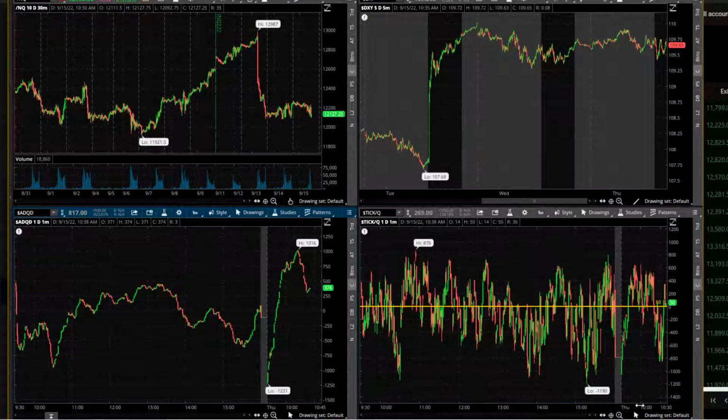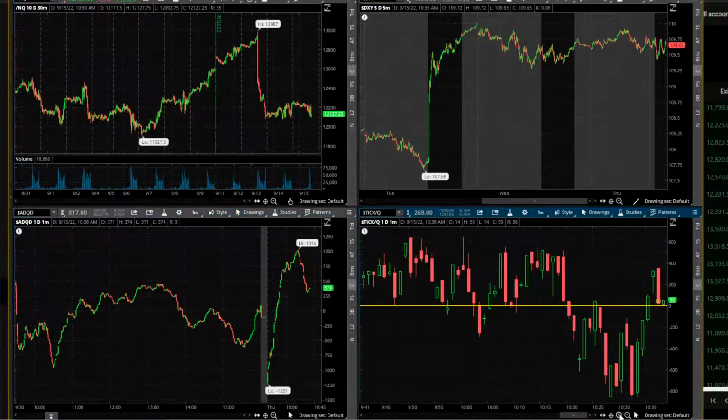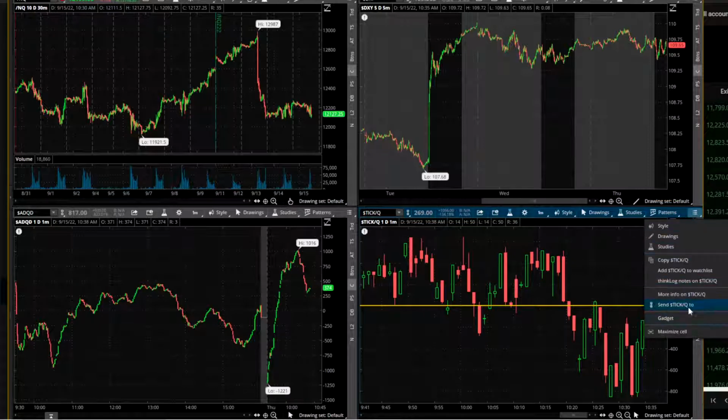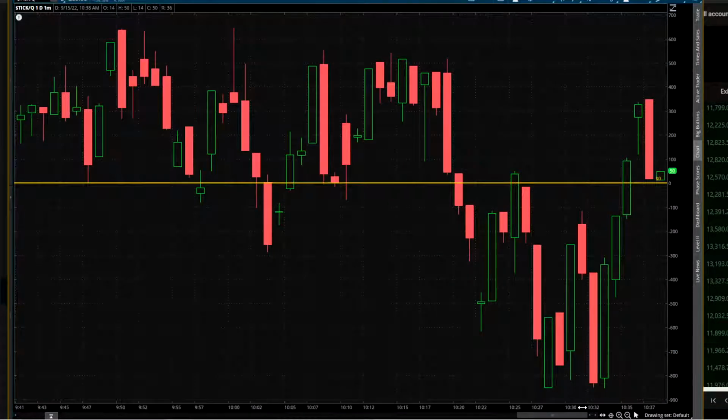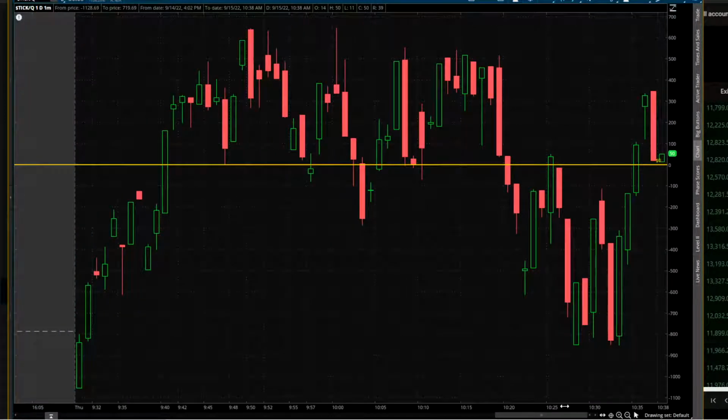All right, so here what we can see is on the tick chart, we do have a breakdown. Let's maximize this. And I want to be clear, I do like the tick chart. If I need a second chart just to trade, I would choose the tick chart over any other, even the dollar, because the dollar is sometimes not correlated.